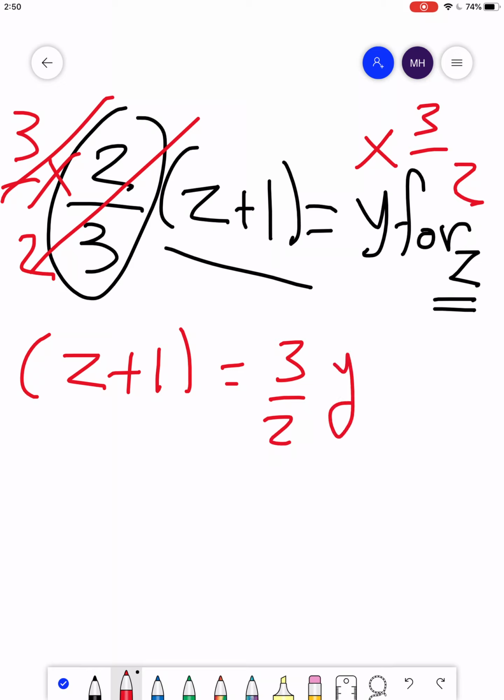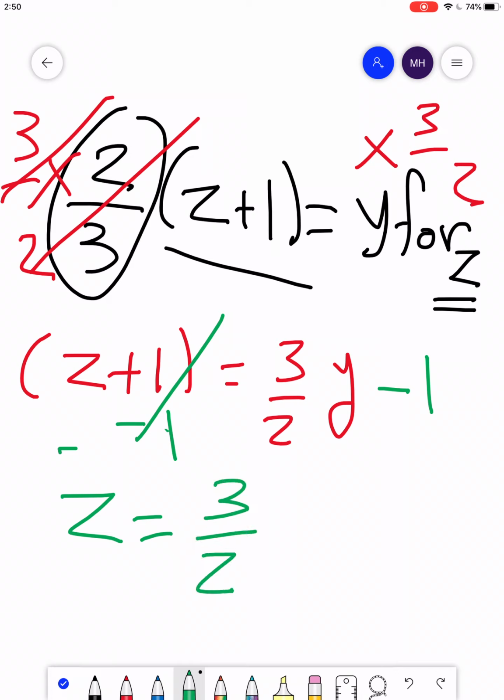Now we minus 1 from both sides. Minus 1, then z equals 3 over 2 y minus 1.